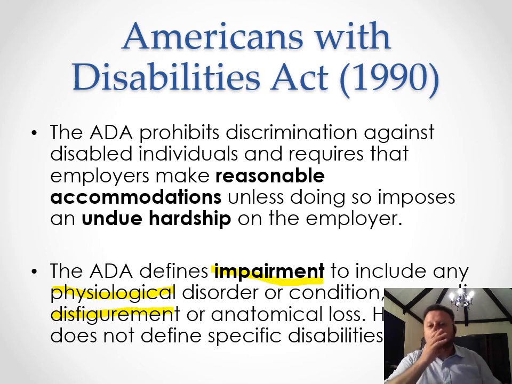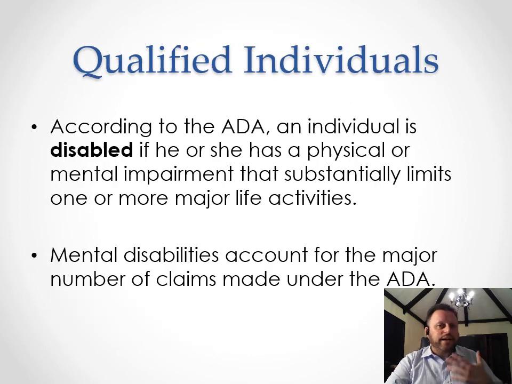We have to recognize those people are treated differently. People with skin conditions, even if they have all their limbs and they can walk and talk and see and hear, there still might be other physical impairments. It doesn't define specifically what every disability is, but it's anything that substantially limits one or more major life activities.